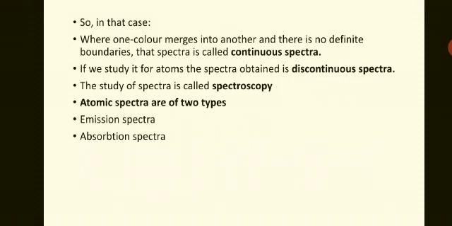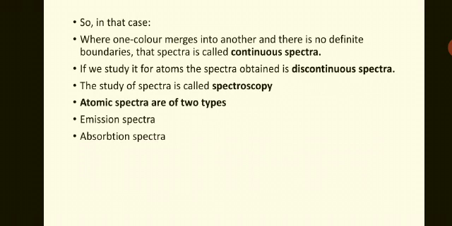If we study it for atoms, the spectrum obtained is a discontinuous spectrum. The study of spectra is called spectroscopy, which is a branch of physical chemistry. Spectroscopy is done in chemistry.